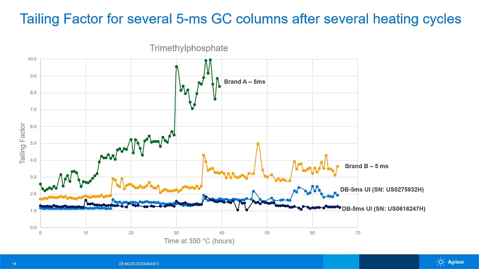And that's what productivity is all about, right? Because if you have this level of consistency over this long period of time, that means less downtime and less time to do troubleshooting.